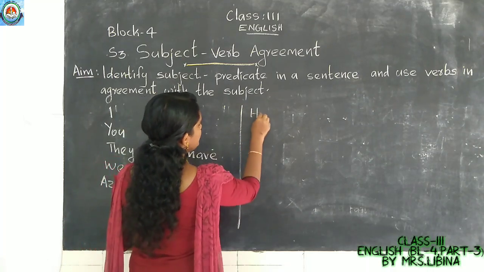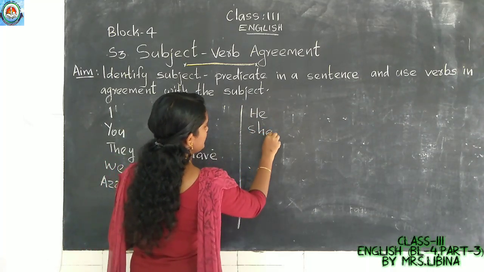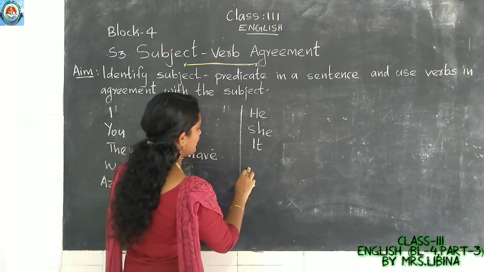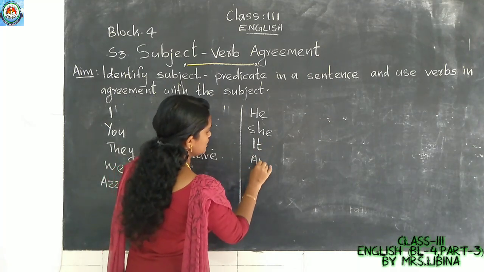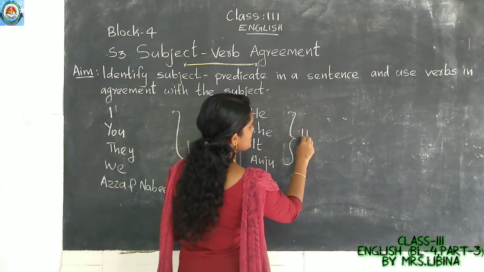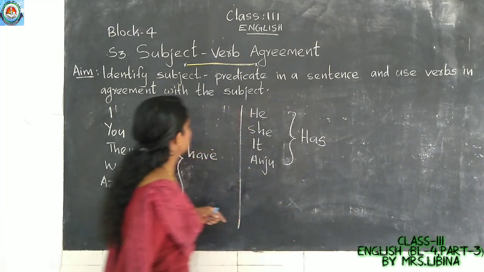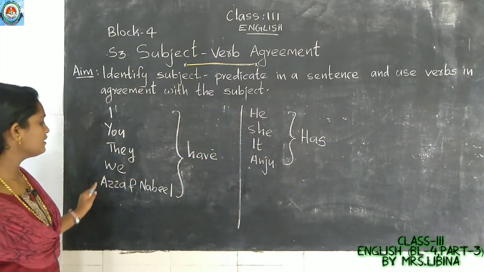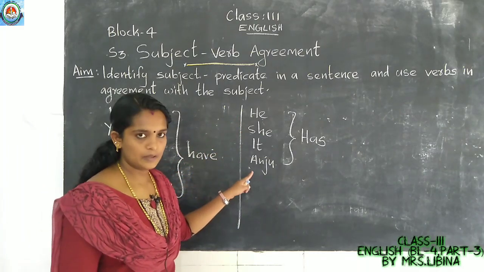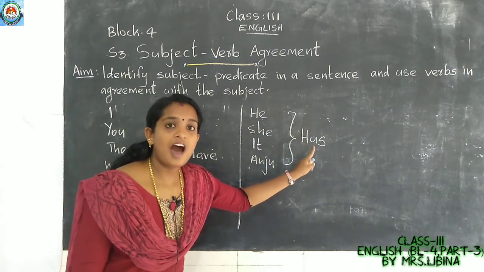Then he, she, it, singular noun. Anju, one example. You have to use has. I, you, they, we, plural noun, have. He, she, it, singular noun, you have to use has.